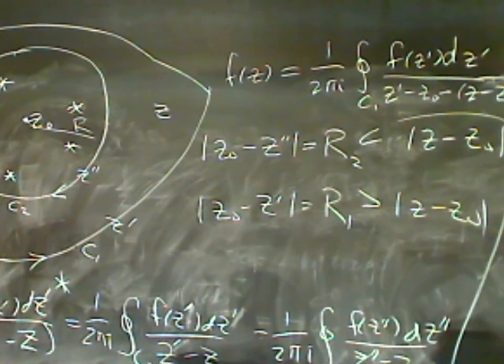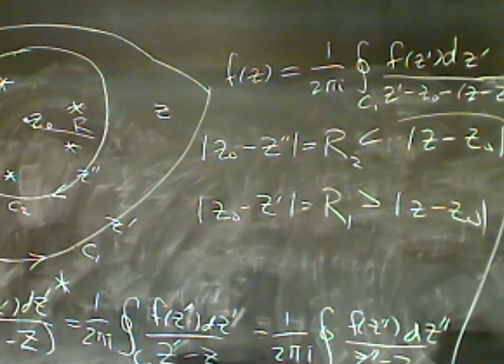And so what we get is z minus z0 to the n, 1 over 2 pi i, integral around C1, f of z prime dz prime over z prime minus z0 to the n plus 1.